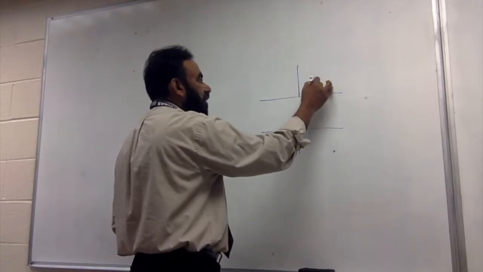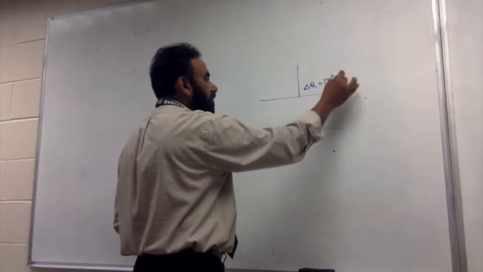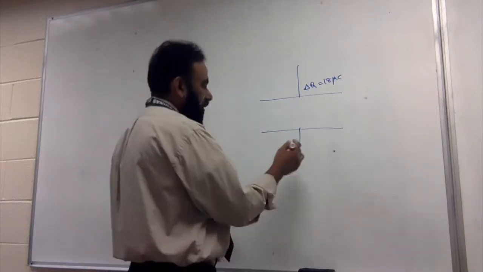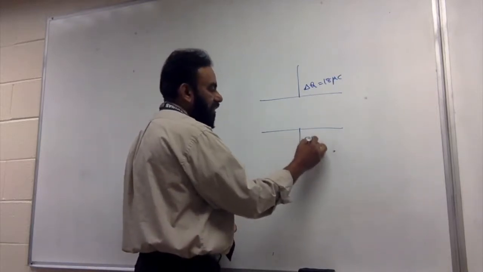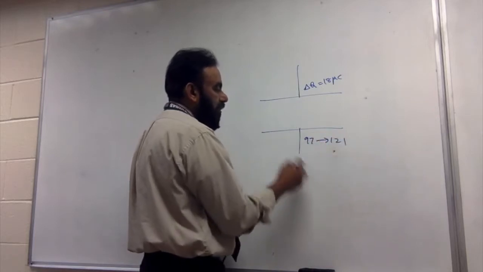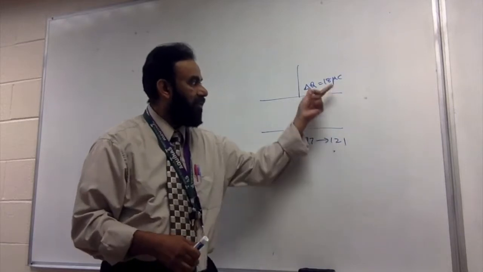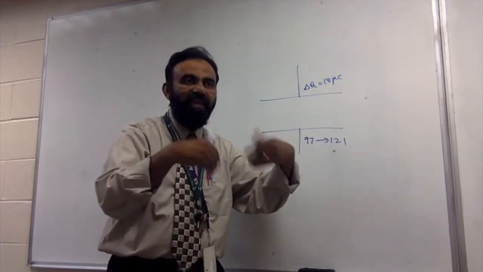So the delta Q that it is going through is 18 microcoulombs, the change in the charge. The delta V was 97 and then it goes to 121. So this is a V before and that's a V after. When this happened, this many microcoulombs extra came in.